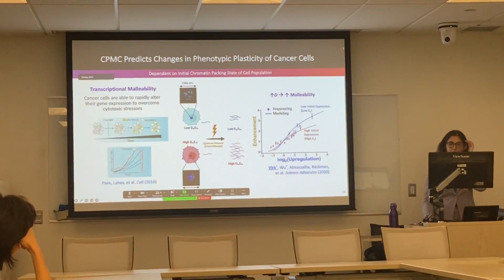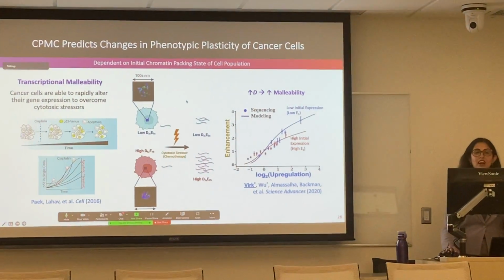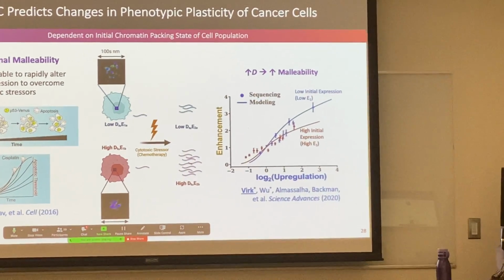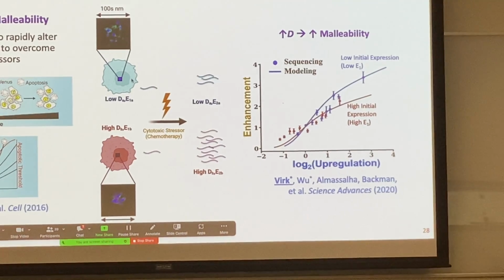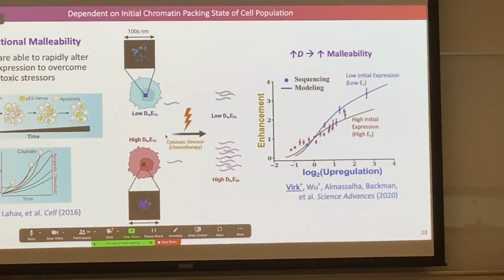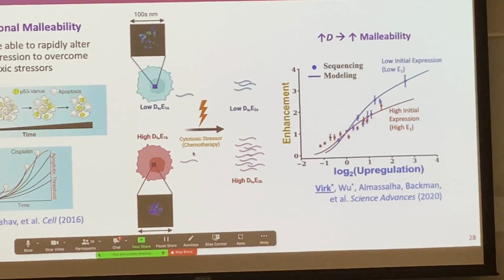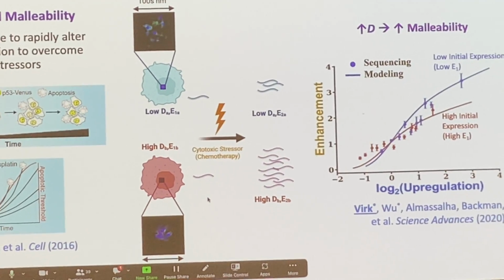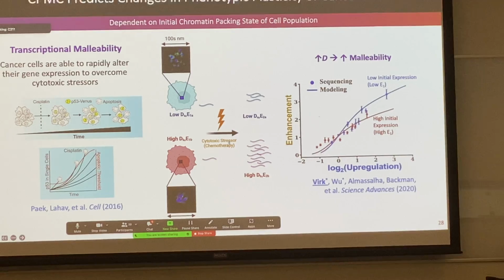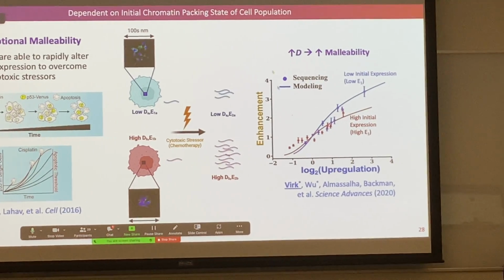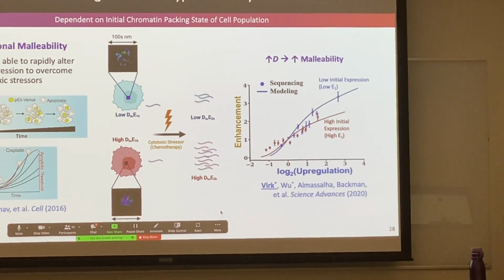What we're modeling here is that cell populations that have packing domains with a lower packing scaling are compared to cell populations with a higher packing scaling. We expose both cell populations to the same cytotoxic stressors, such as chemotherapy, and then look at their average upregulation of these transcripts.